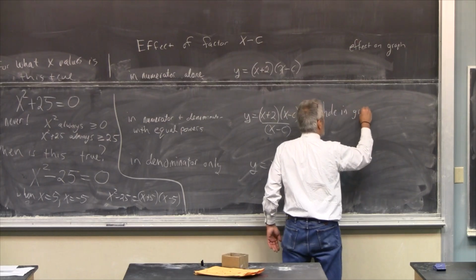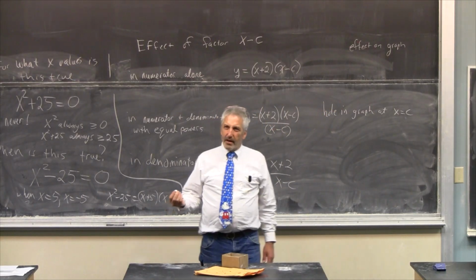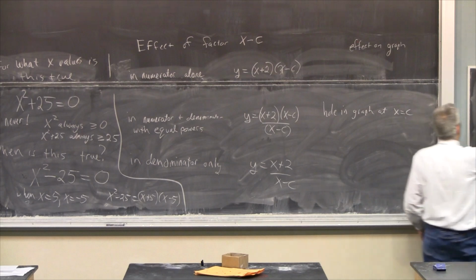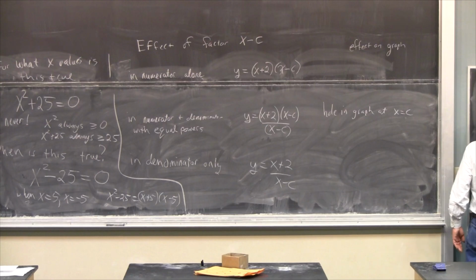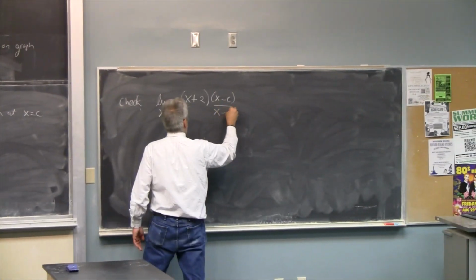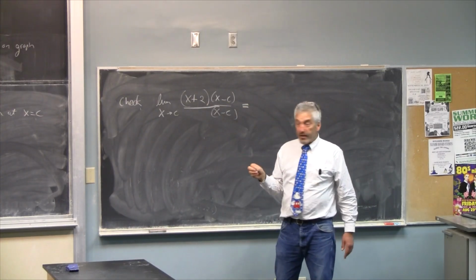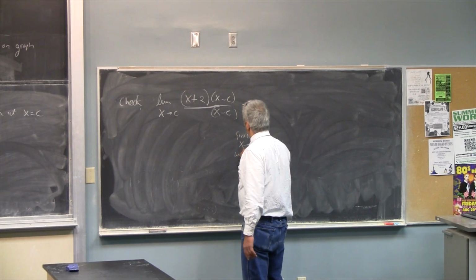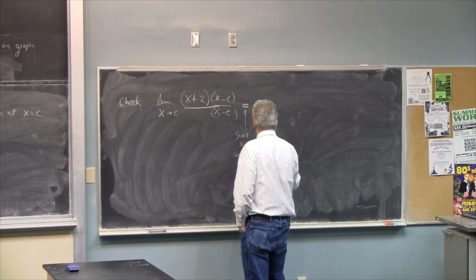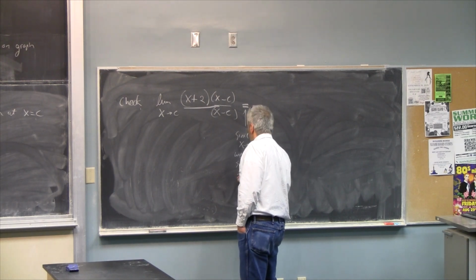There's a hole in the graph at x equals c. Now, why is that? Well, let's check. The limit as x approaches c of x plus 2 times x minus c over x minus c, well, it's the last time in October that I get to do this. Since x is approaching c, we know that x is not equal to c, so x minus c is not equal to 0, so we can cancel.